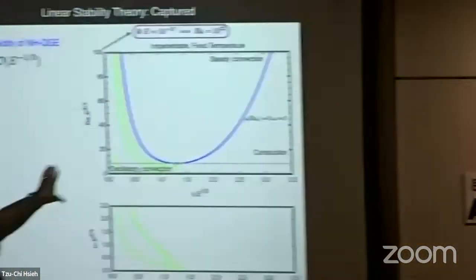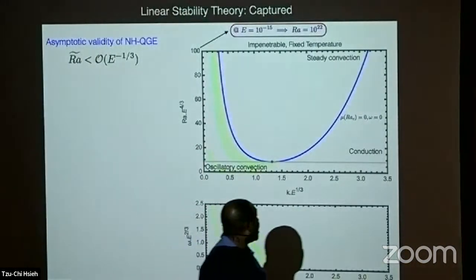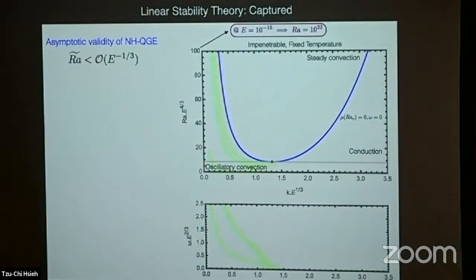If you do the linear stability theory for Rayleigh-Benard convection, which we'll look at in more depth as we go through, you actually capture the asymptotic curve for steady and oscillatory convection. I showed these in the last lecture, and I also made the point that if you put the numbers in, we saw that this reduced Rayleigh number.